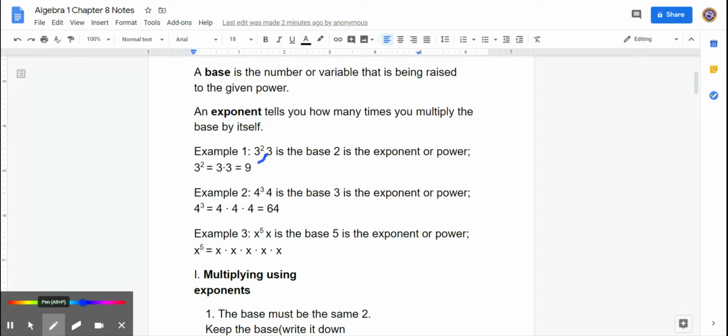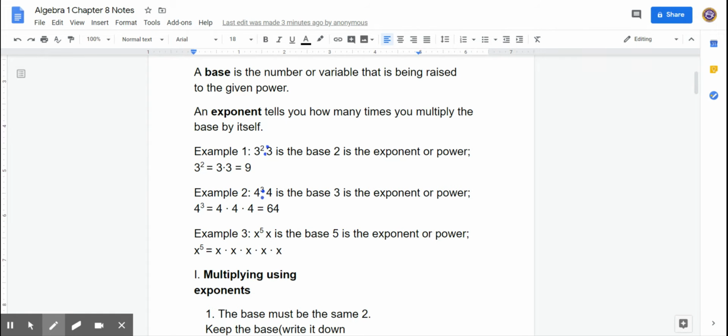The second example is 4 cubed. 4 is the base, and 3 is the exponent or power. So 4 cubed means 4 times 4 times 4. Example 3 is x to the 5th power.